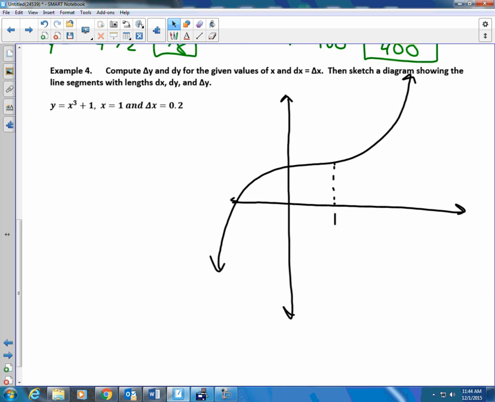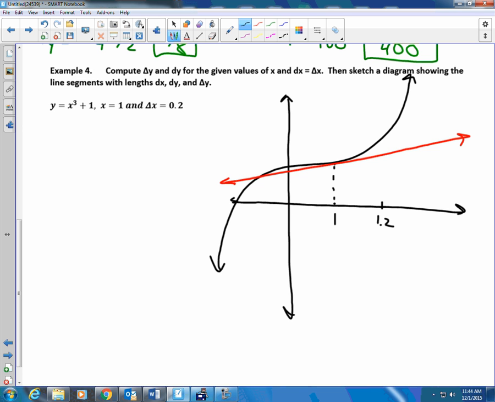All right, so I'm going to draw my line tangent, and you're not going to like how I draw this, but it's just what I have to do. What is delta x? What's my change? 0.2. So that would take me from 1 to 1.2.